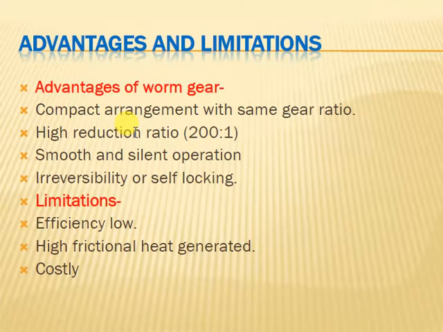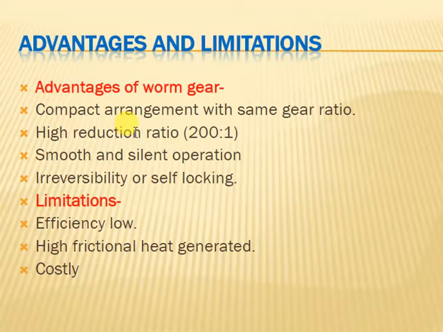But at the same time, the worm gear drive has various limitations. The efficiency of the worm gear drive is less. We already know that there is line contact or surface contact, and sliding or rubbing motion is there. Predominantly sliding occurs during the meshing of worm and worm gear.